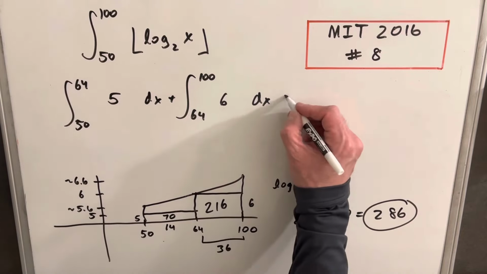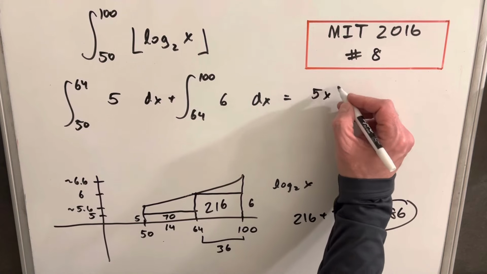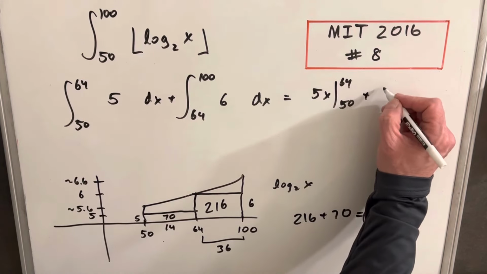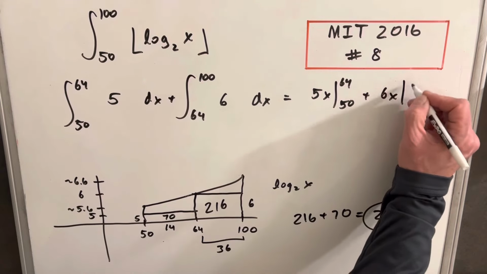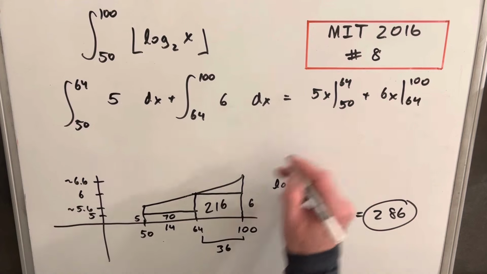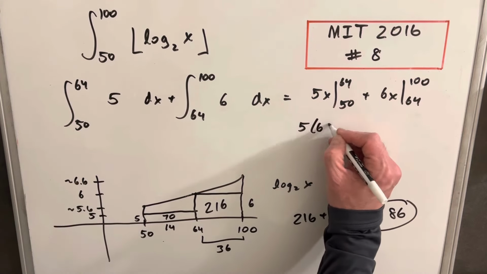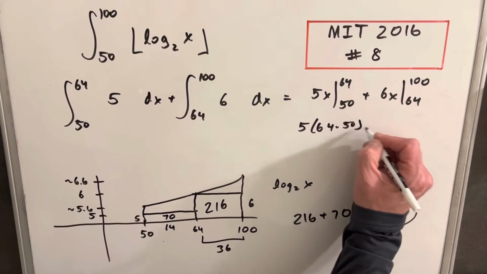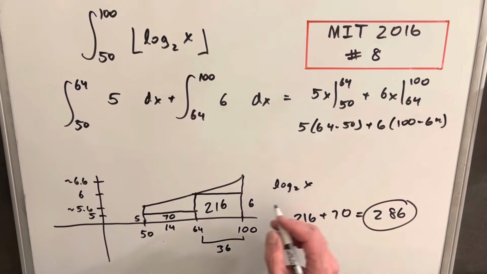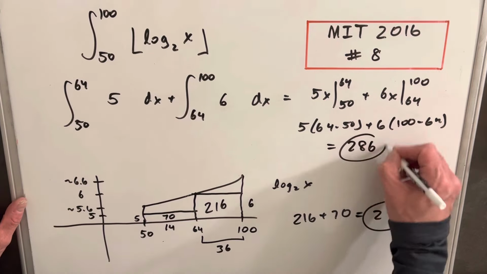So if we integrate 5 and 6, we're evaluating 5x from 64 to 50 and 6x from 100 to 64. That's actually just the values we found here: 5 times 64 minus 50, and 6 times 100 minus 64. If we evaluate this, we get the same answer, 286.